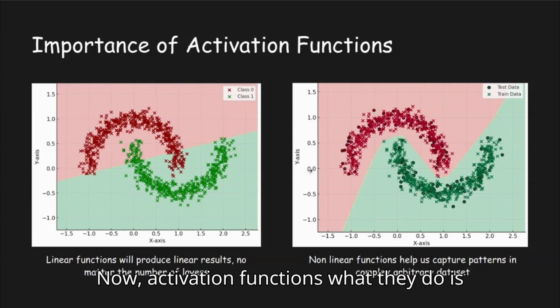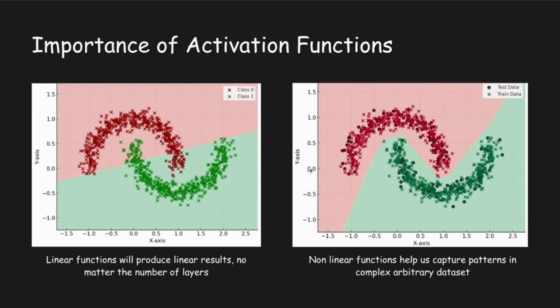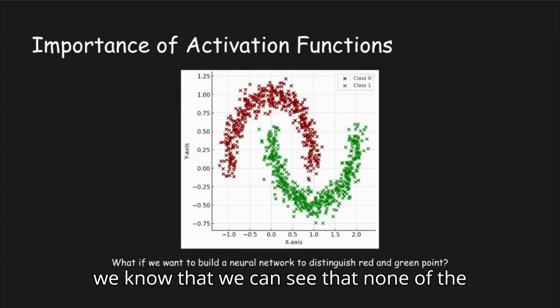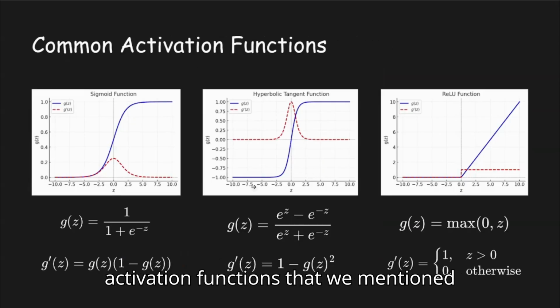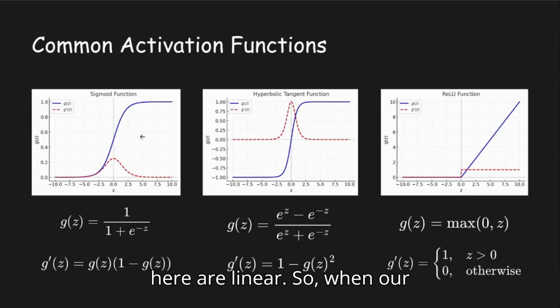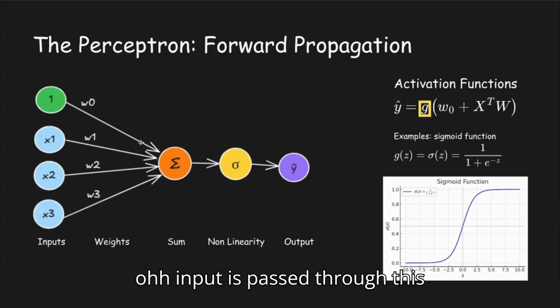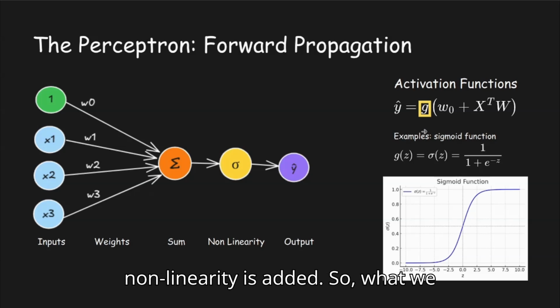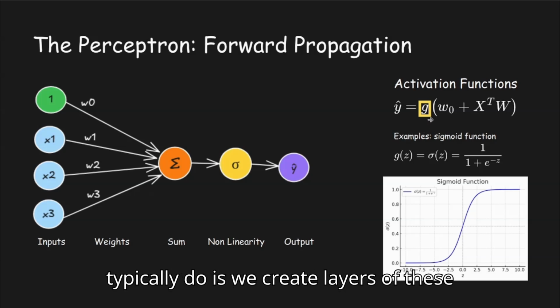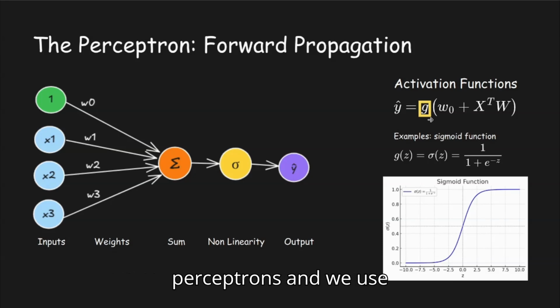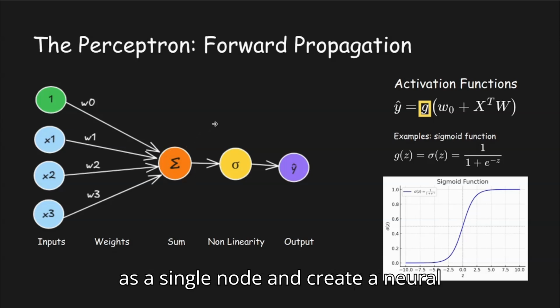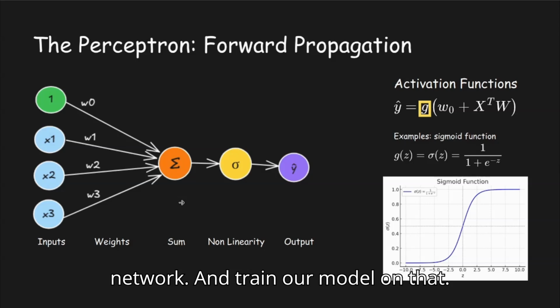Now we can see that none of the activation functions that we mentioned here are linear. So when our input is passed through these activation functions, a bit of non-linearity is added. What we typically do is create layers of these perceptrons, use multiple of these perceptrons as single nodes, create a neural network and train our model on that.